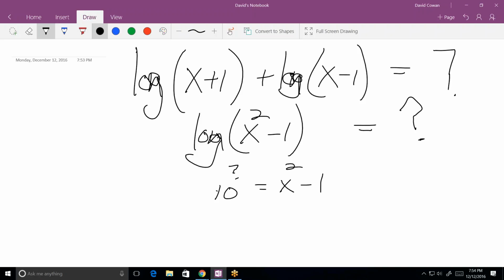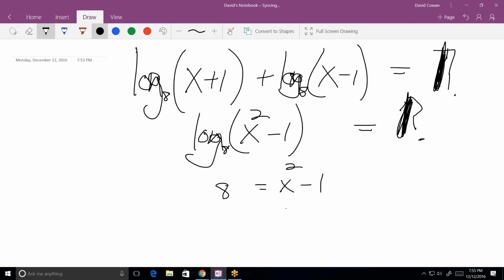Let's make it base 8. And this is going to be a 1 over here. So there's my original equation. And converting it to exponential gives me 8 to the 1 power equals x squared minus 1, right?